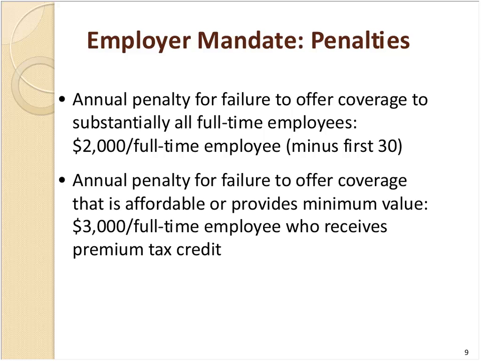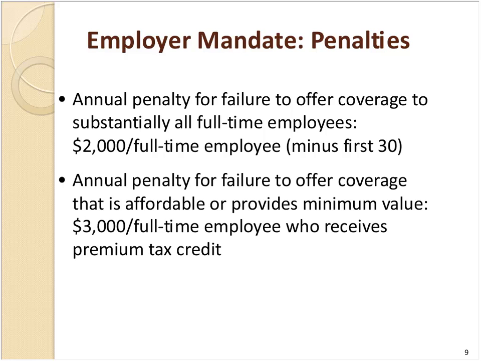But suppose there are some that you decide not to cover because 95% isn't 100%, and you can avoid the A penalty by leaving out some employment categories, or maybe there's an independent contractor that you didn't realize was an employee, and the IRS comes in and recharacterizes, and that person ends up qualifying for a subsidy under the exchange.